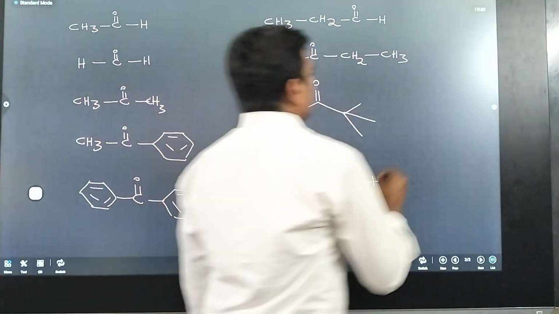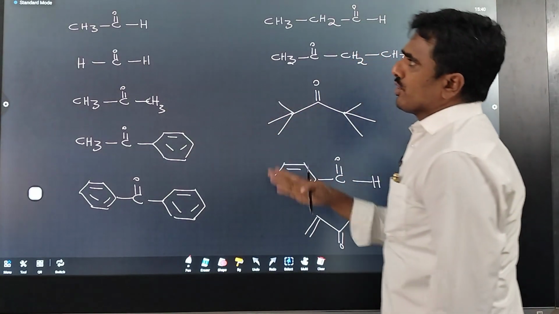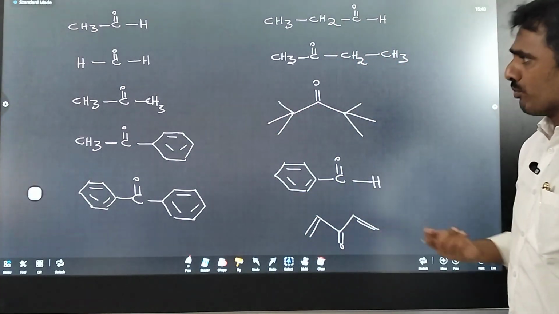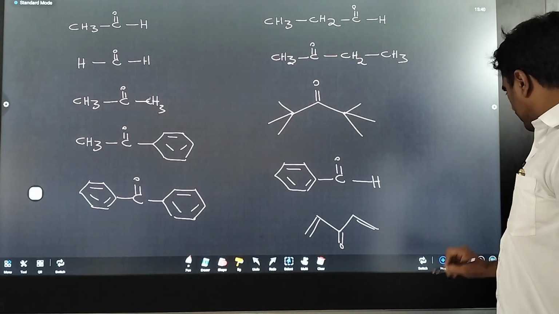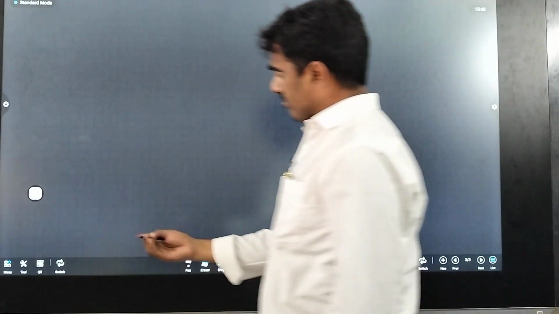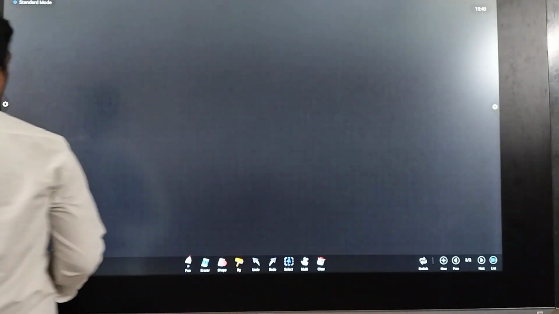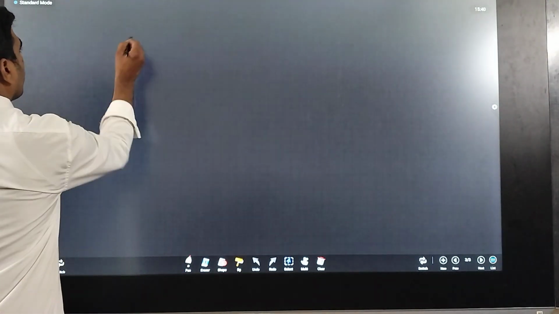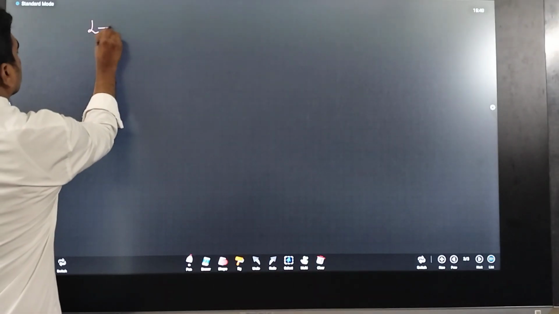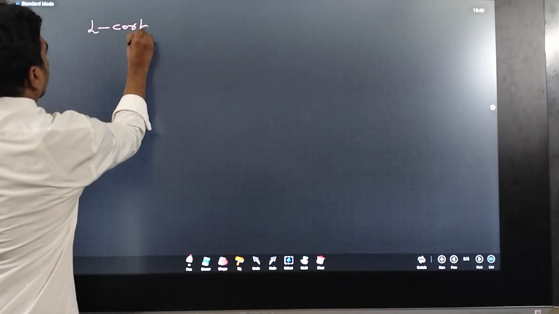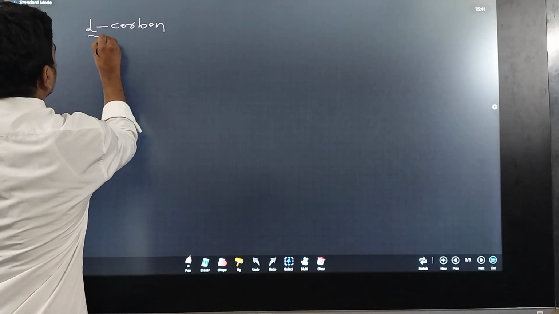Before discussing aldol condensation, let us learn some background about the alpha carbon. What is the alpha carbon?